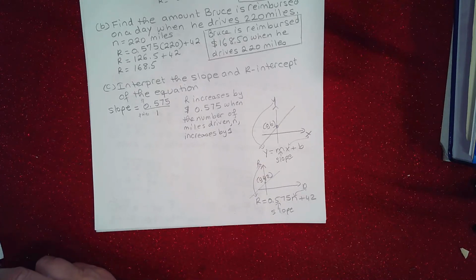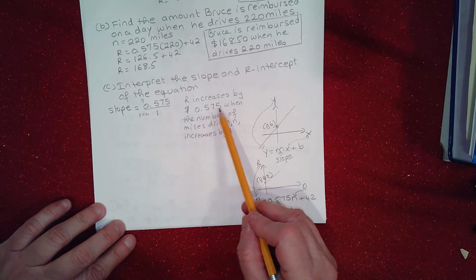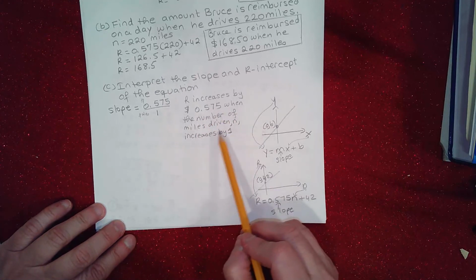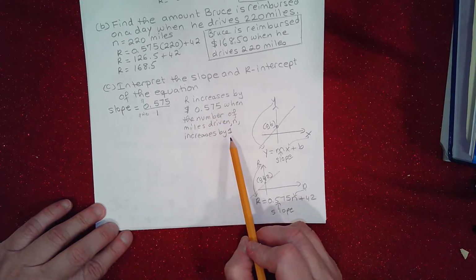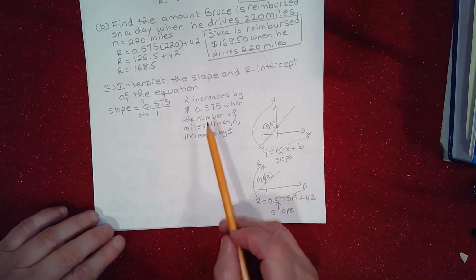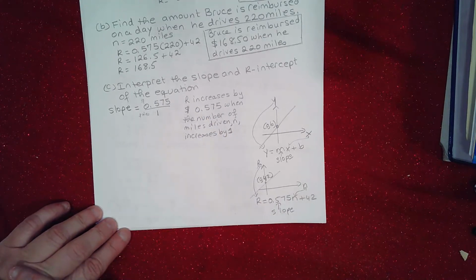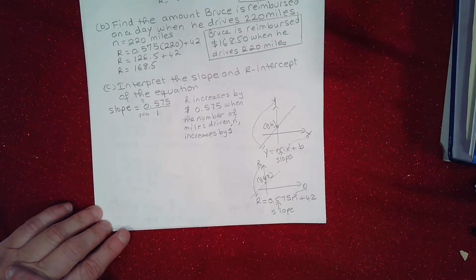So Bruce will be reimbursed an additional 0.575 for every additional 1 mile. So it increases by this amount for every 1 mile. So we just interpreted the slope.